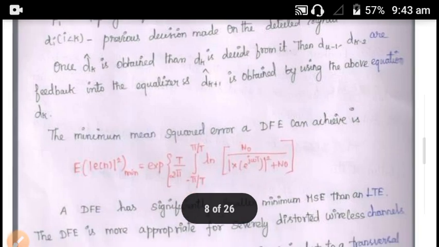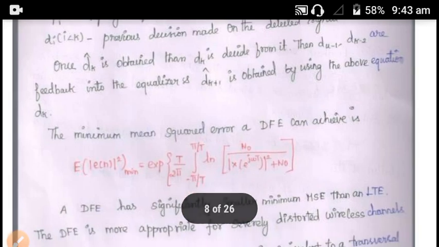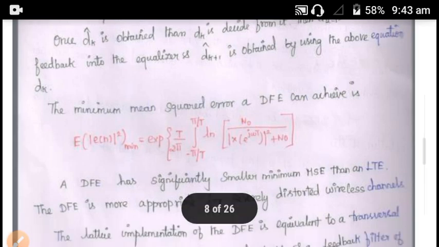So the minimum mean square error is given by E of modulus of e of n the whole square minimum is equal to T by 2 pi integral from minus pi by T to pi by T of ln of N naught divided by modulus of X of e power j omega T the whole square plus N naught.